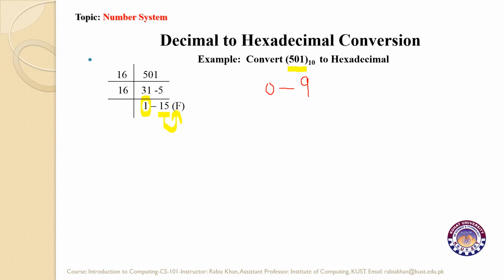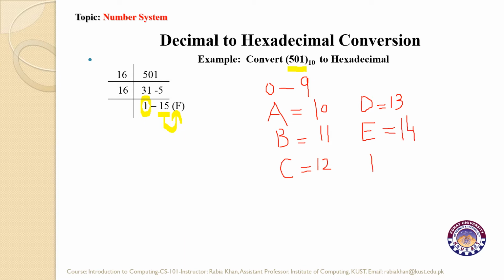And the rest of the 6 digits have been replaced by 6 alphabets, such as A represents number 10, B represents number 11, C represents number 12, D represents number 13, E represents number 14, and F represents number 15.